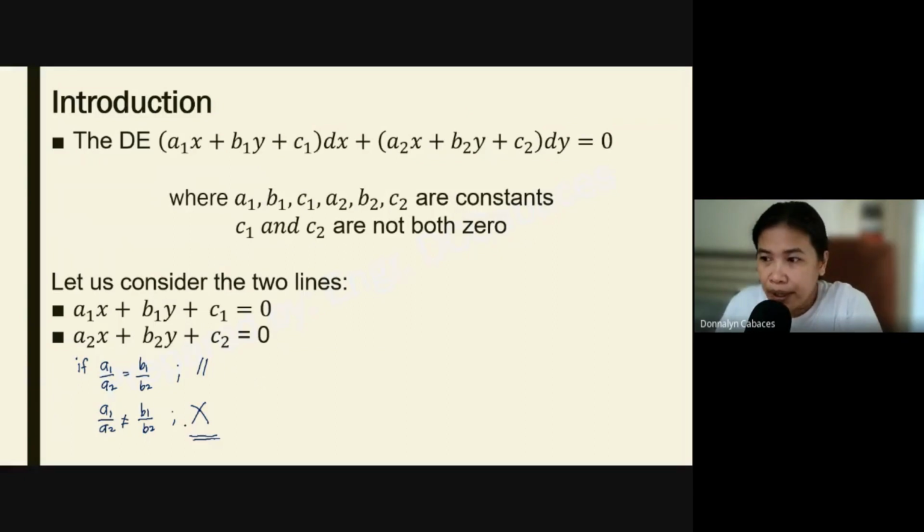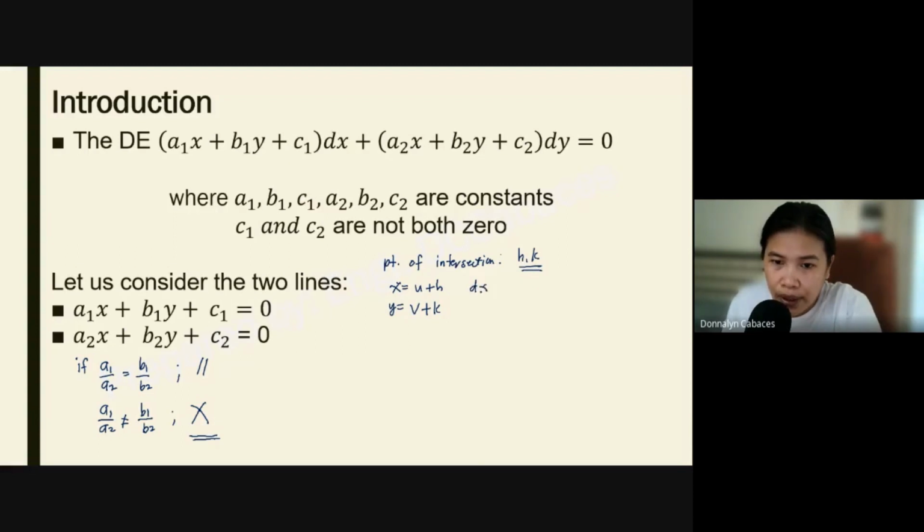So if we have intersecting lines, what you need to do is to find first the point of intersection. And this point of intersection will be designated as h and k. Then you will be having the introduction of the new variables that x would be equal to u plus h and y is equal to v plus k, wherein h and k are the points of intersection.